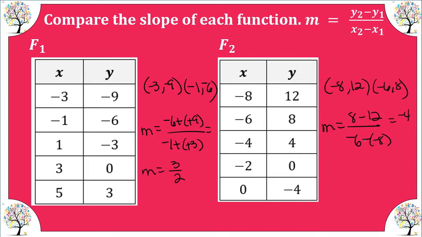I get -4 over 2. So here my slope is -2. So this is 1.5. This is -2. And again, we're not looking at the negative part because that just tells me the direction. So the slope, function 1, is not as steep as function 2.